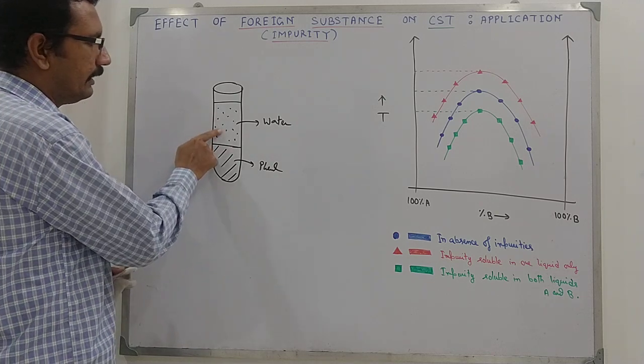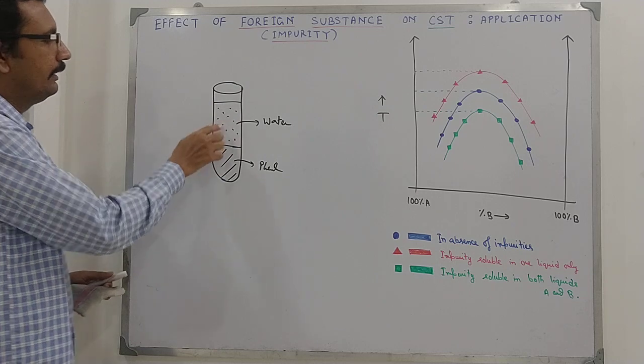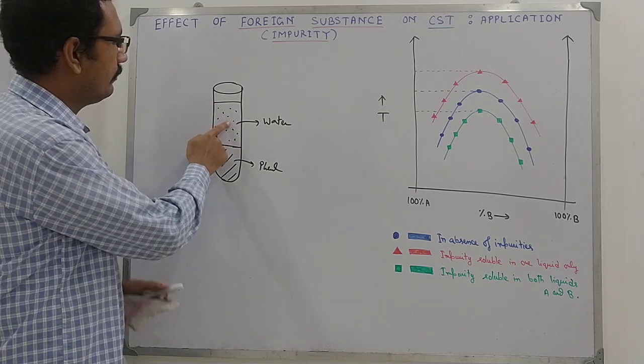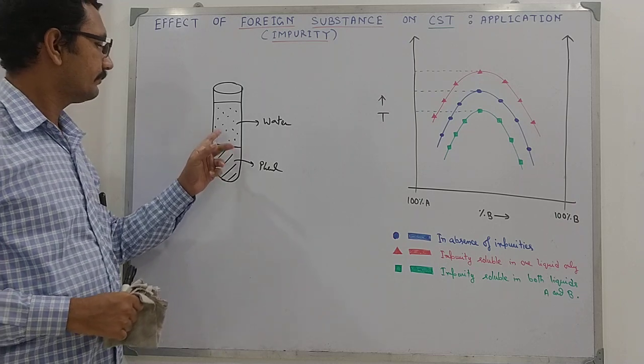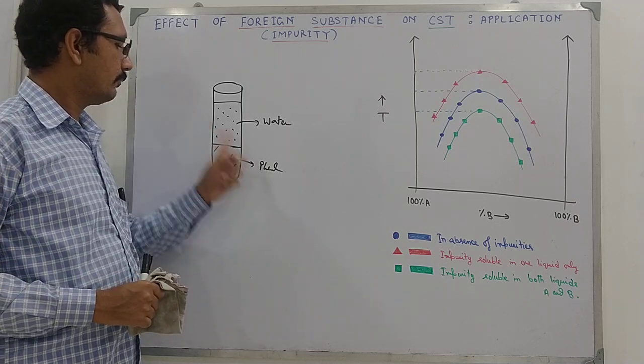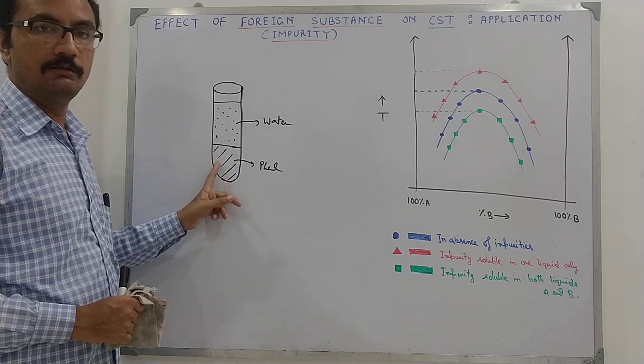If it is soluble in water, then it will stabilize it. The Gibbs free energy of these liquid molecules will go down and it will exhibit less preference to go into this layer.